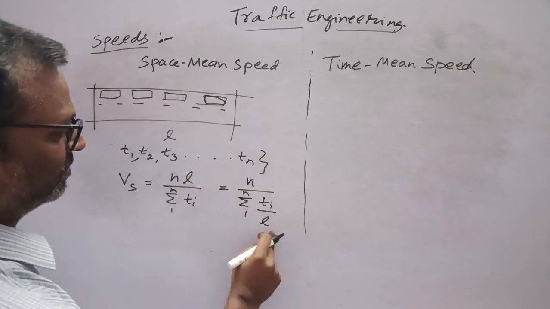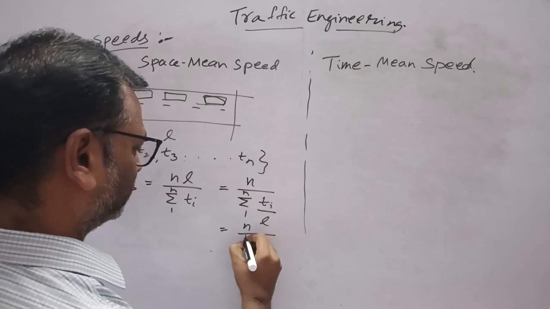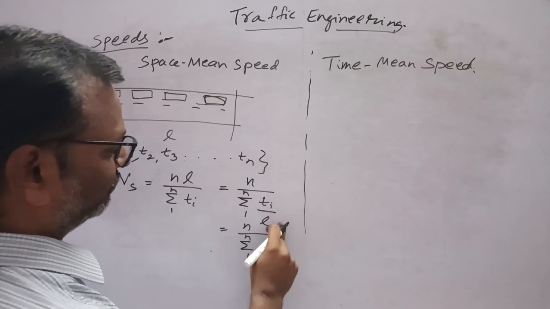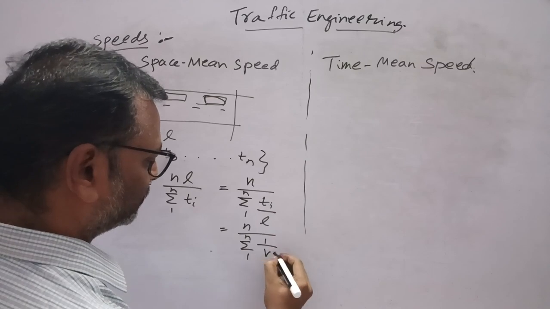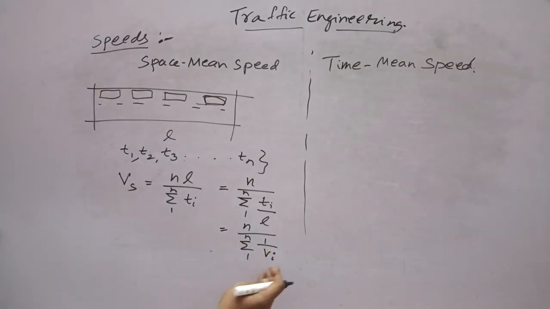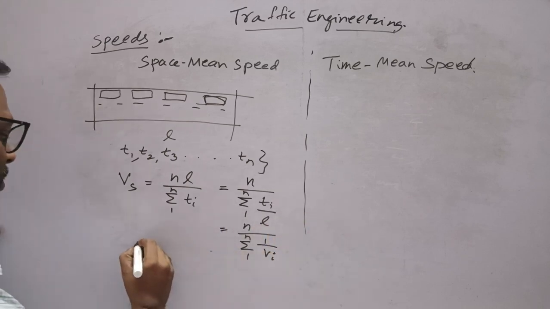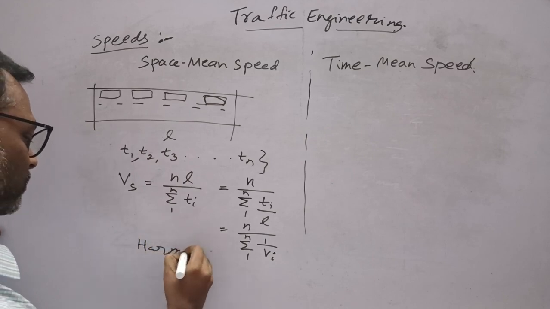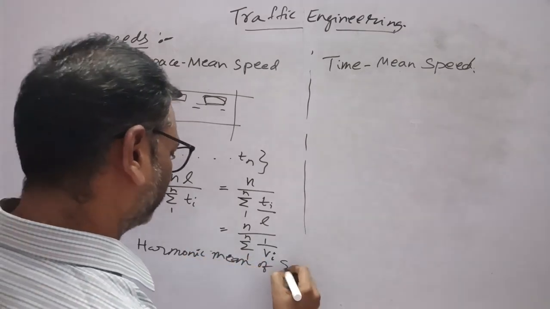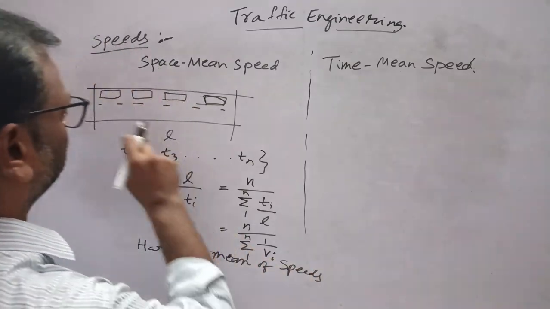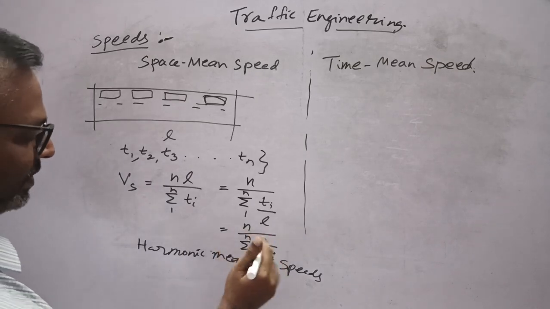I've taken this L into the denominator, which will give you n by sigma from 1 to n of inverse of time by length, which is the inverse of speeds. L by T, you get speeds, and this is harmonic mean of speeds of all the vehicles in this stretch. This is harmonic mean.